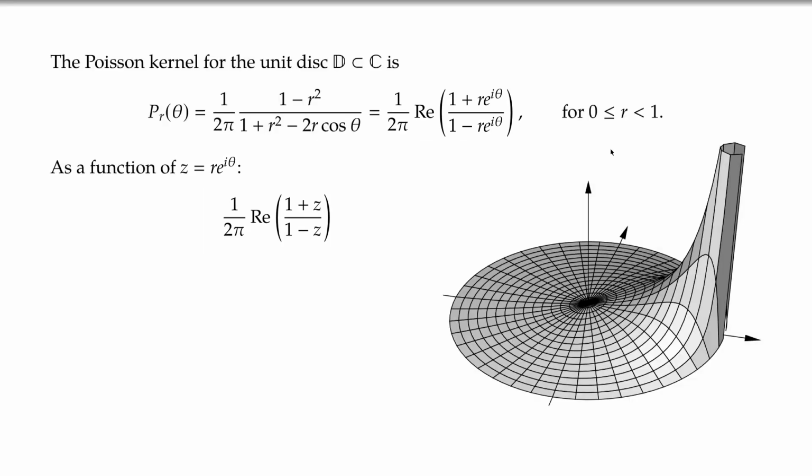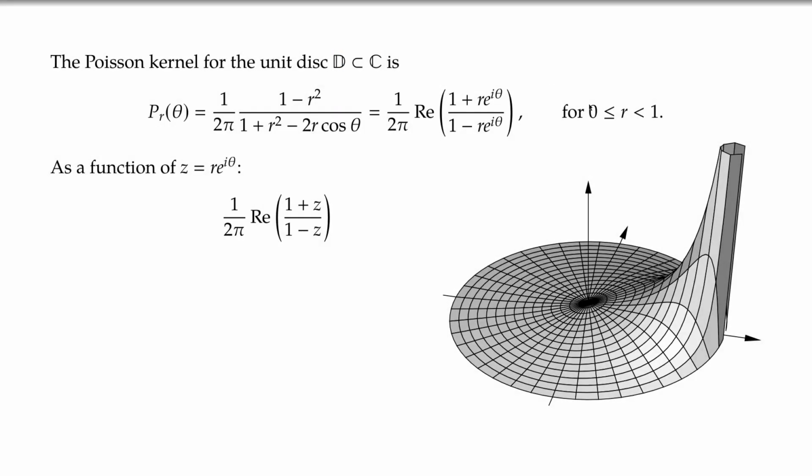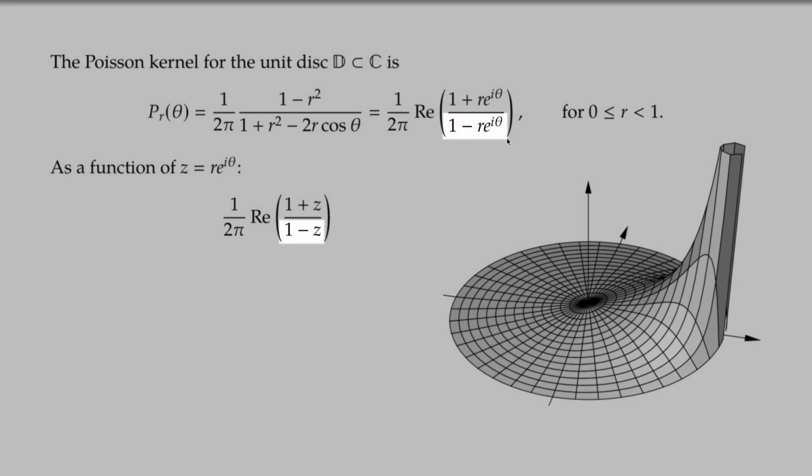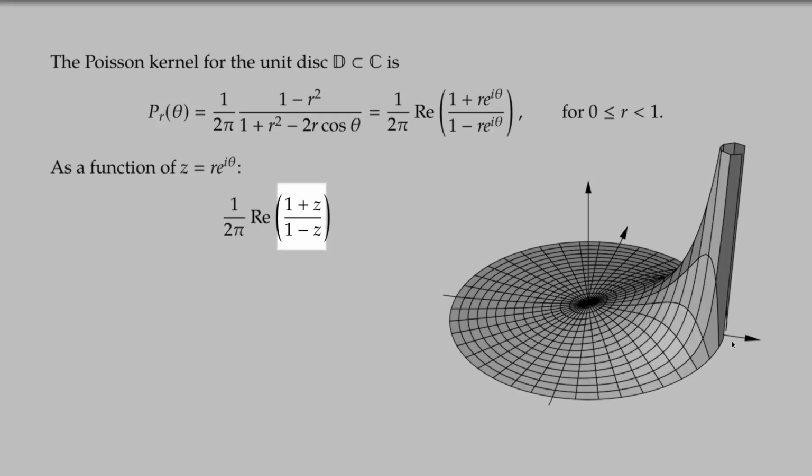And this is in the unit disk, right? So r is less than 1. Otherwise, you'd have something blowing up over here, right? The denominator would go to 0, and you can actually see it on the graph. This function, of course, has a pole at 1, and that's where you get this peak.